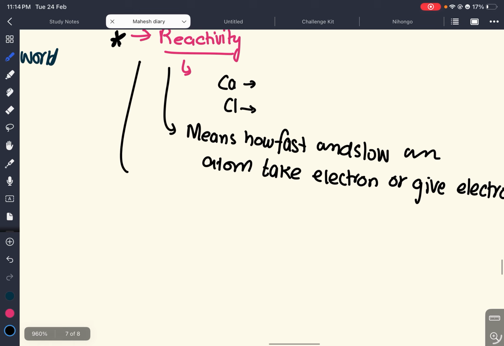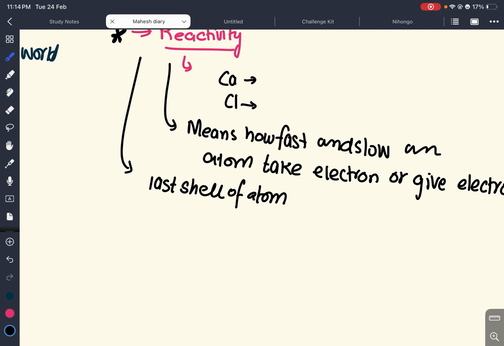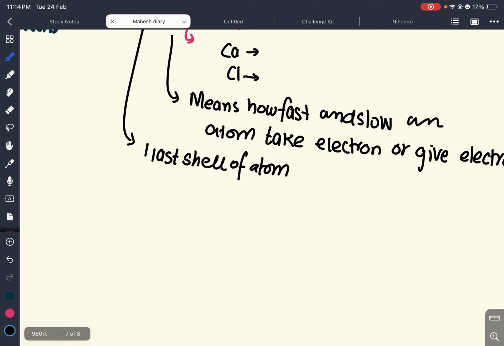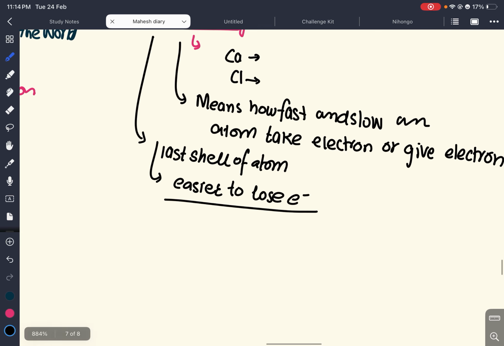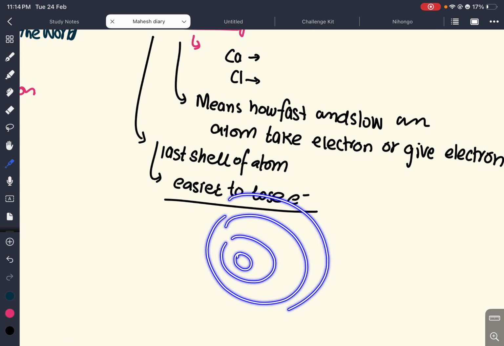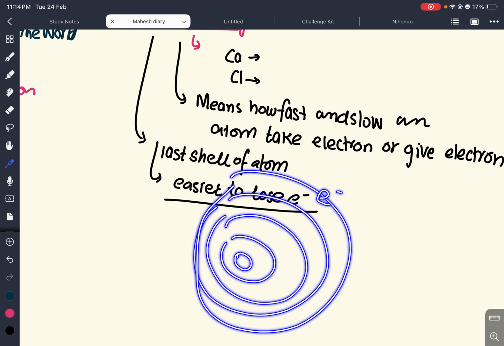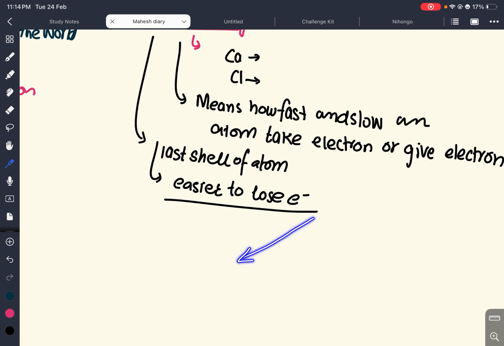Reactivity all depends on the valence shell, or you can say the last shell of the atom. For example, if it is easier to lose an electron, say we have an atom with a lot of shells, and it has an electron, and the connectivity between the electron and the nucleus is far away.